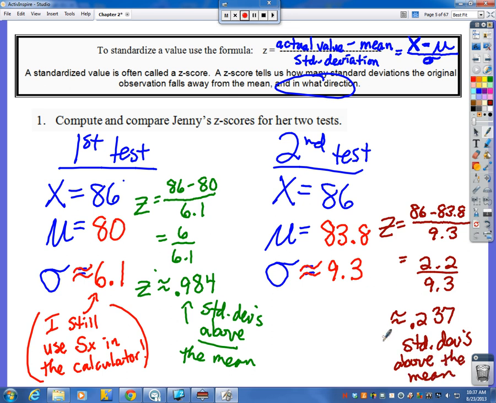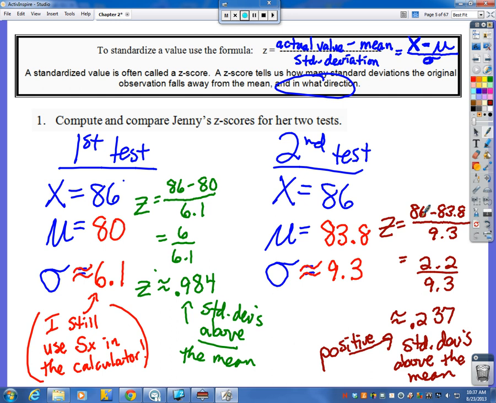The reason why I know I'm above the mean is because I get a positive z-score. Okay, think about this. If this number was smaller than 83.8, I'm going to end up with a negative value. And because it's negative just means I didn't do as well as the mean.